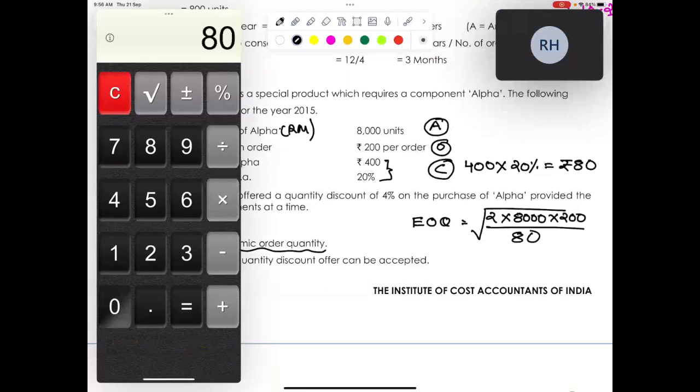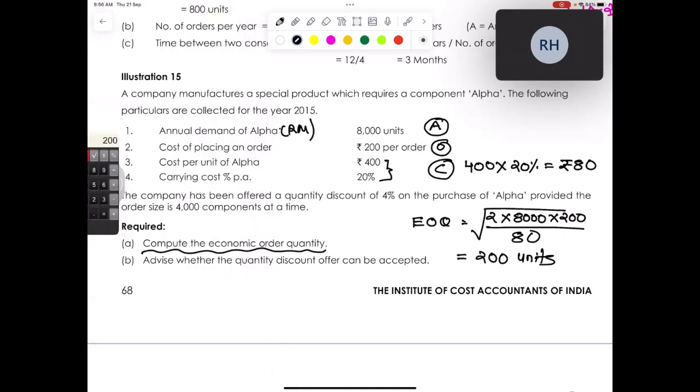So it is 200. So what is 200? 200 means whenever we are placing a purchase order, number of units to be ordered at that particular time is 200 units.